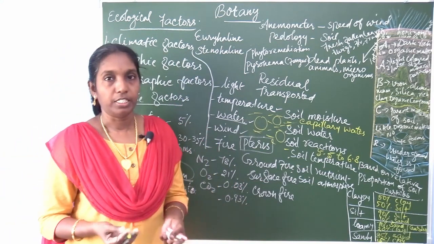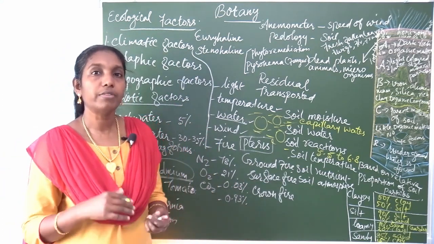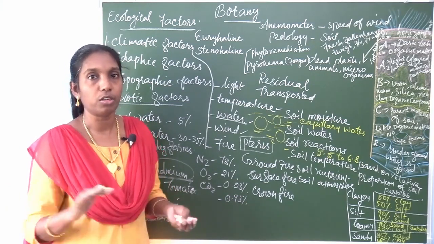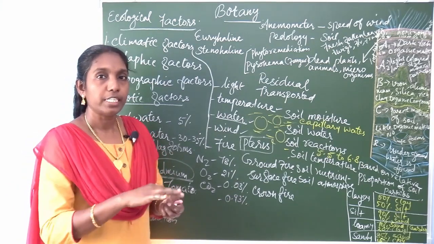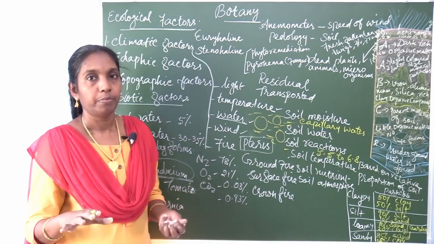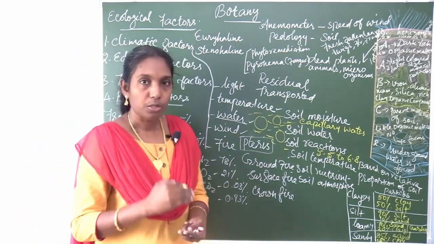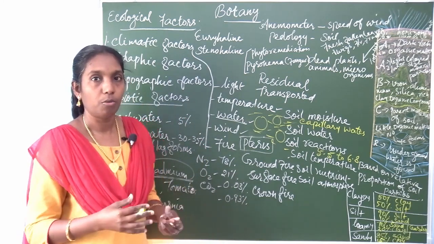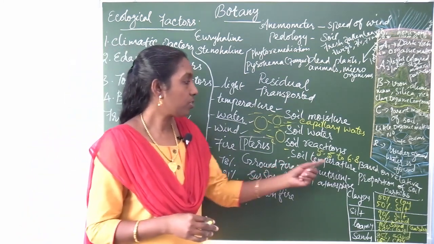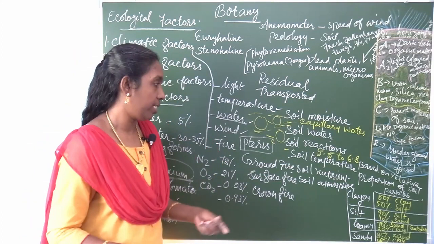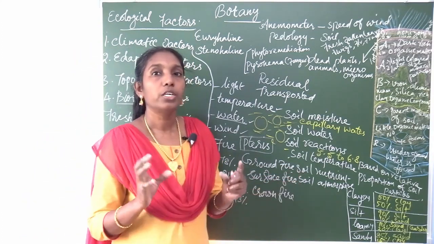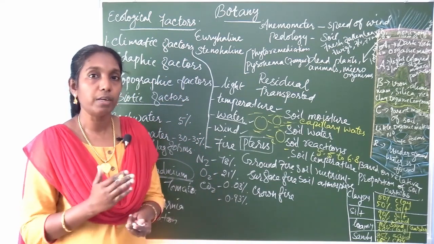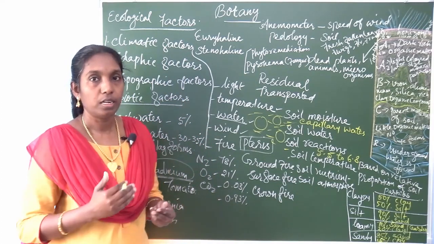And soil temperature. Soil temperature influences the geographical distribution of the plants, their production and distribution. If the temperature is low, plants take up less water, so it also influences the availability of water. And soil nutrient, that is the fertility of the soil. Fertility is very important to the growth and development of plants.